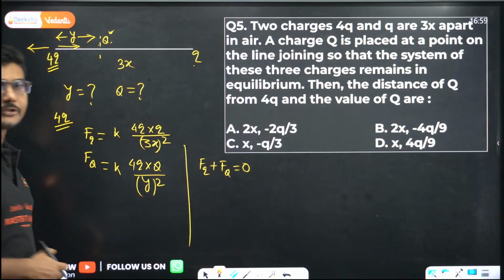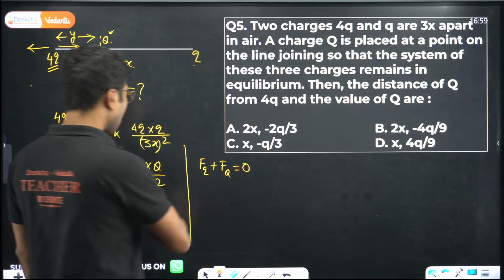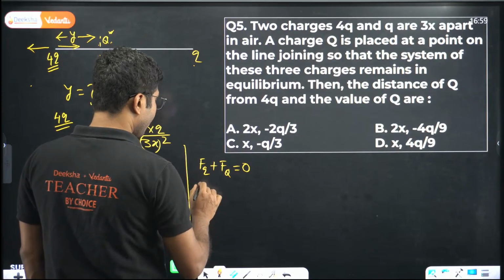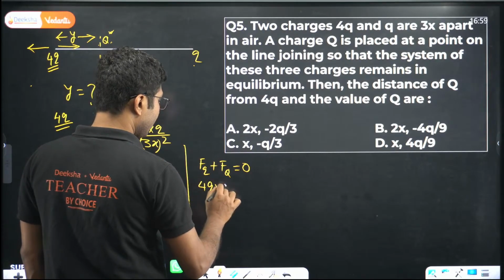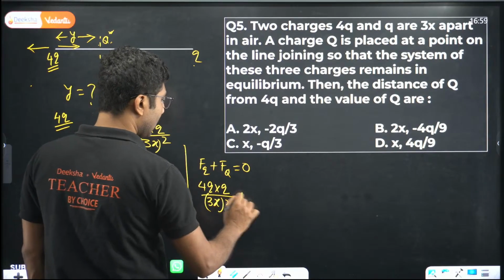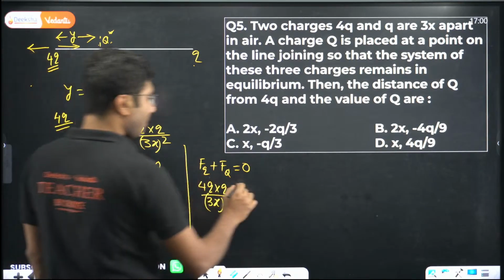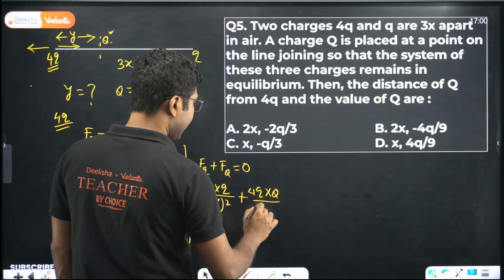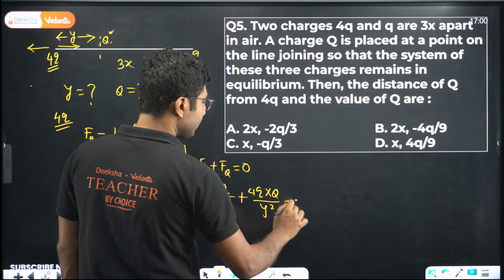So the net force acting on the system is 0. Now we will put this back to back. So 4q into q divided by 3x whole square plus 4q into Q by y square equals 0.